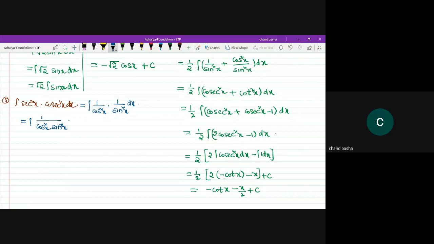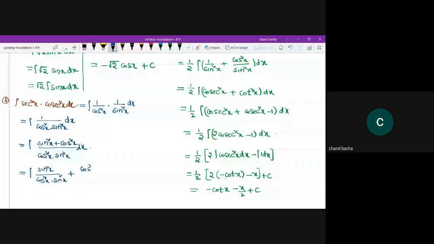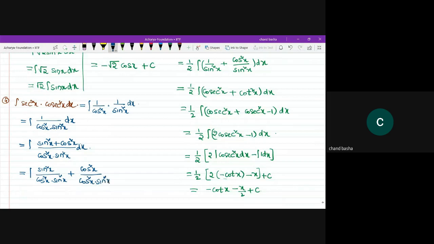So we get sine square x divided by sine square x into cos square x, plus cos square x divided by the second part, cos square x into sine square x. Clear? Hope this step is clear for all of you guys.